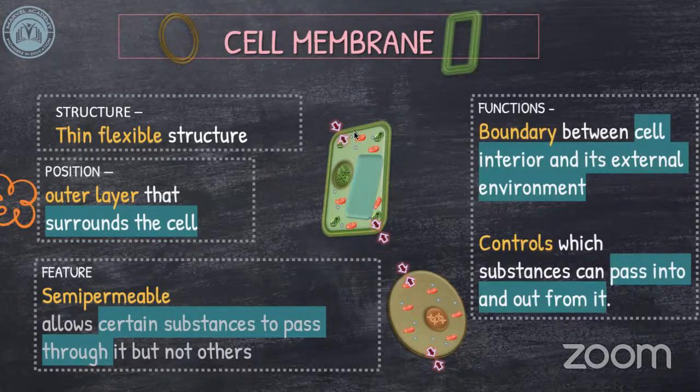And remember children, it's not only the cell that contains a membrane. Sometimes inside the cell there are some organelles, and these organelles also contain a membrane. So in that case this definition will be ideal, because it is usually the separation of interior and exterior.